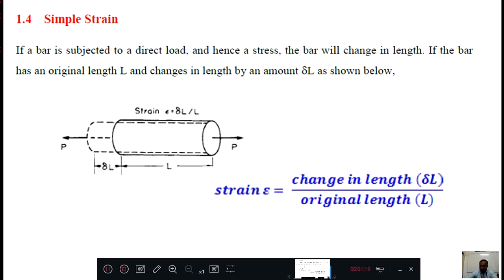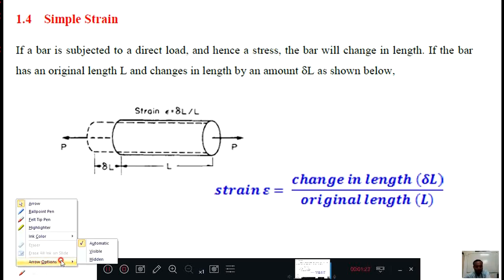Now further, what is strain? The strain, I can say, is a response to the stress.